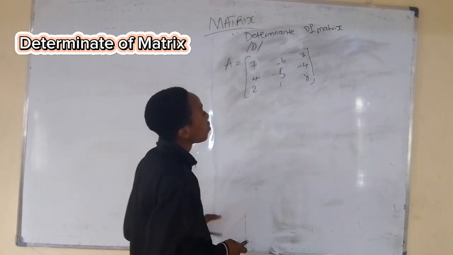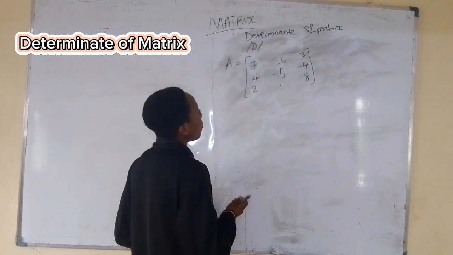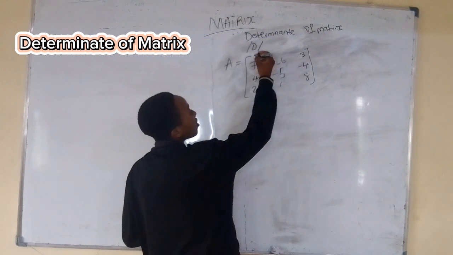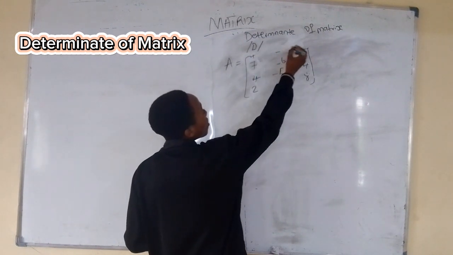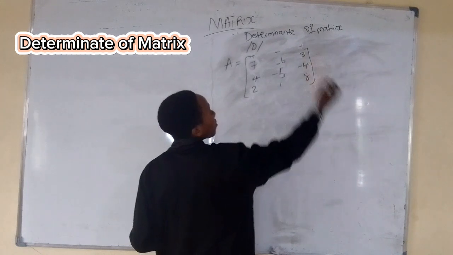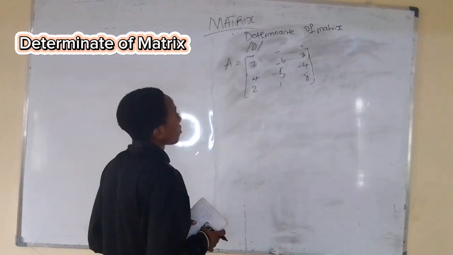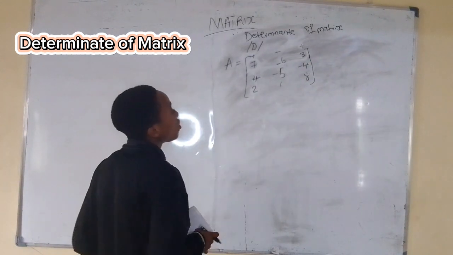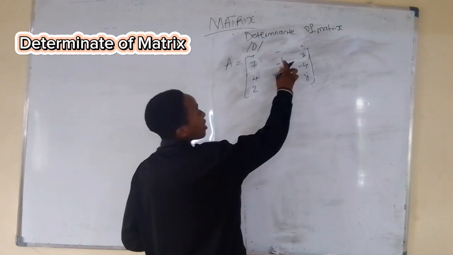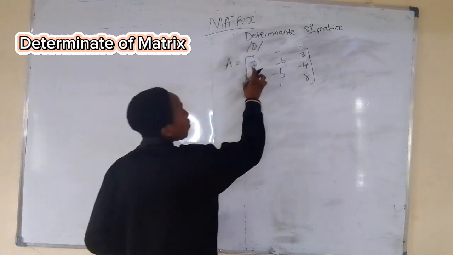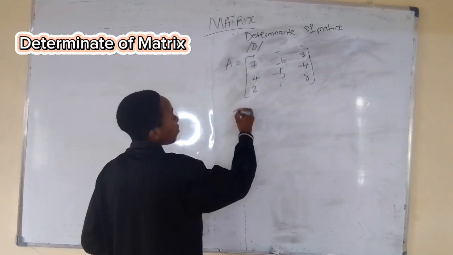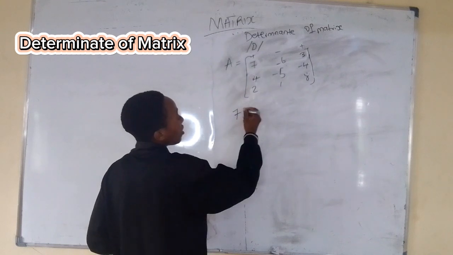So how do you break it down to a 2 by 2 matrix? First you need to know that there's an invisible plus here, there's minus, and then there's plus here. So in your first row, 7, minus 6 and 3, you pick 7, which is your A11.